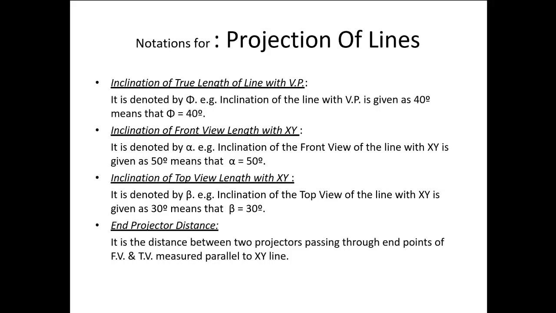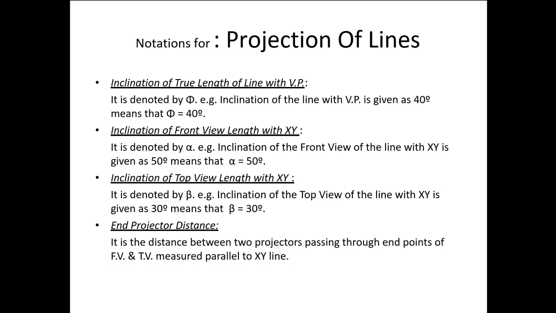Okay. Similarly, inclination of the front view length with XY. Now we have seen with respect to the planes. Now we will see with respect to the XY line that we draw, which divides the planes into VP and HP. That angle is denoted by alpha.